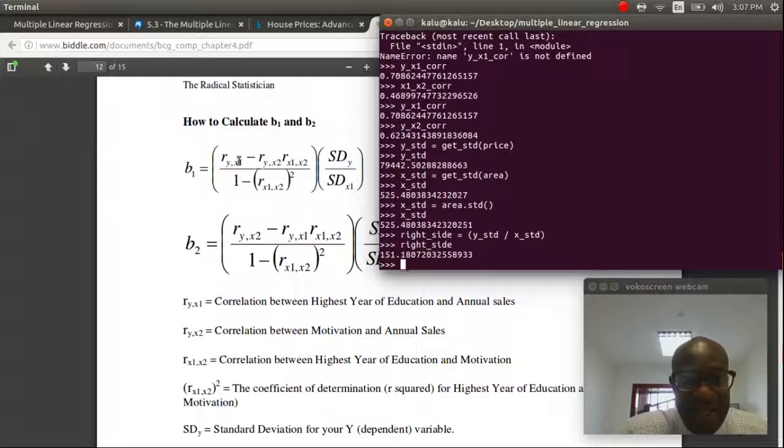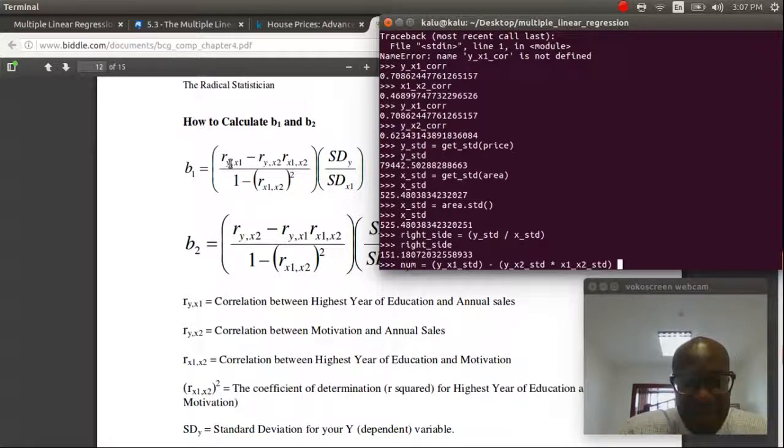And first let's get the numerator of the left side. So our numerator equals, and we need the y x1 standard deviation minus here we need y x2 standard deviation times here this is x1 x2 standard deviation.